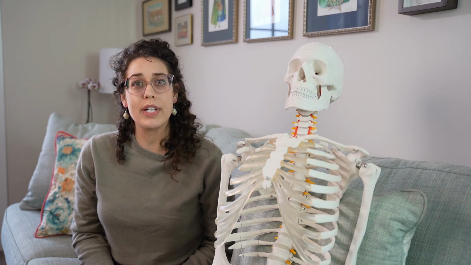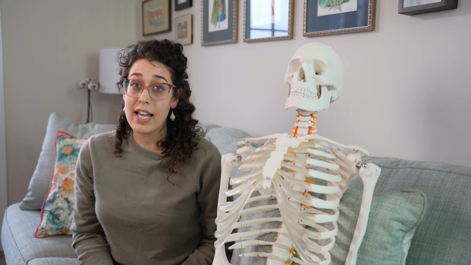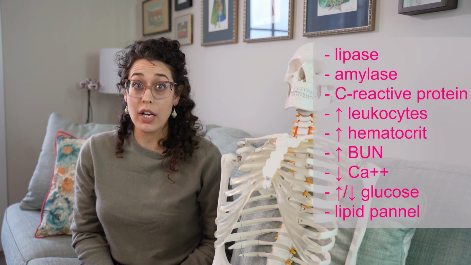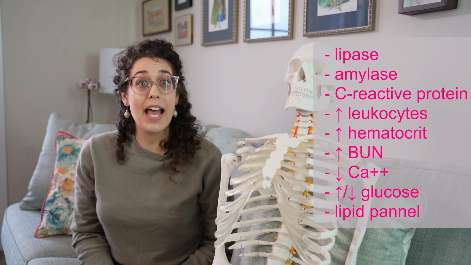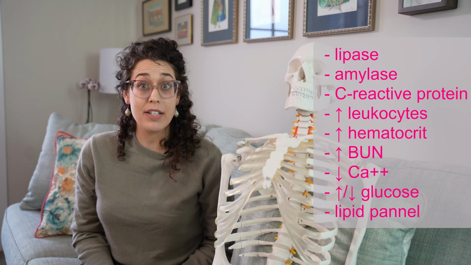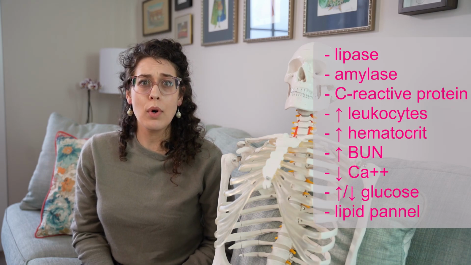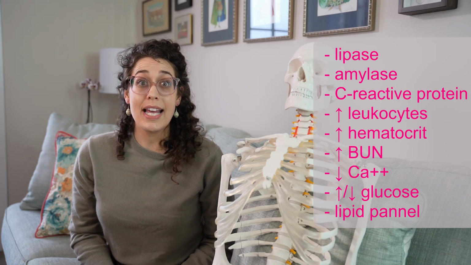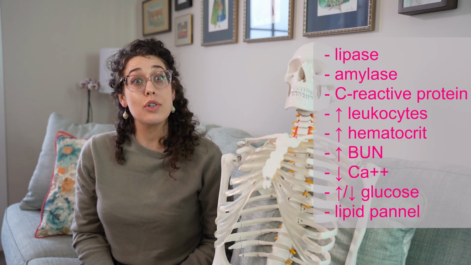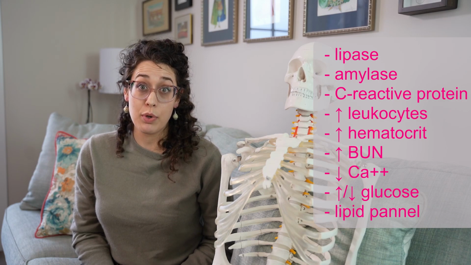Our laboratory exams will evaluate several things. We will look for pancreatic enzymes and products. Serum lipase is elevated earlier and lasts longer than serum amylase, so it is usually the more common and helpful test to use. Markers of immune activation include elevated C-reactive protein.